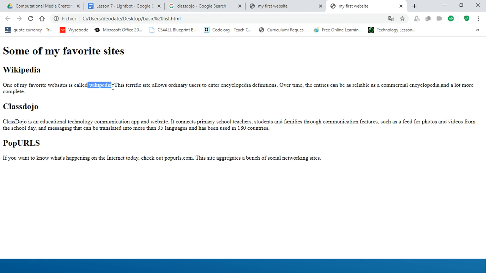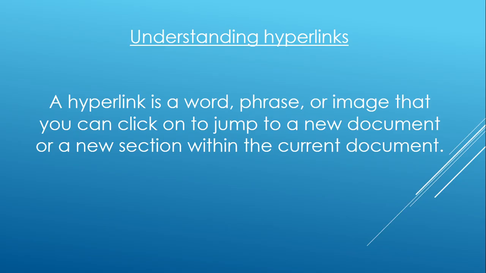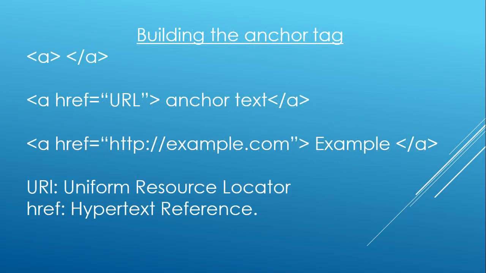This is what we are going to do. We are going to create a hyperlink. Now, for hyperlinks, we have tags. We are going to build the anchor tag. The tag that we use to create a hyperlink is called an anchor tag. An anchor tag should have an attribute. Today, the new attribute that we are going to use is called href.